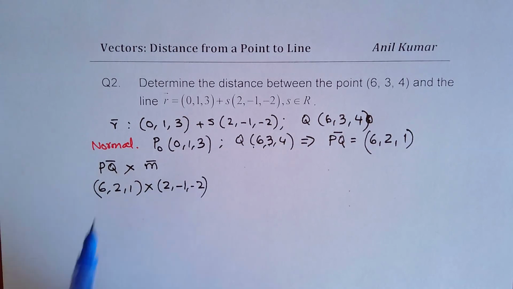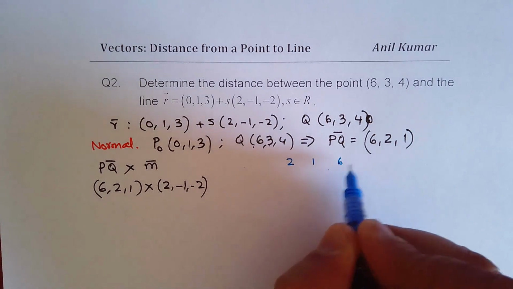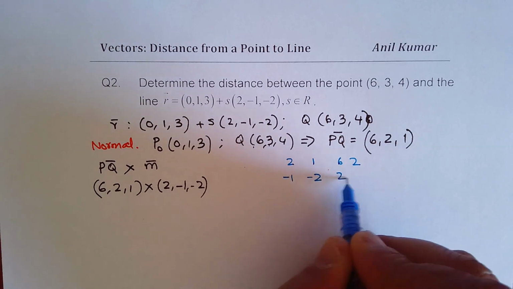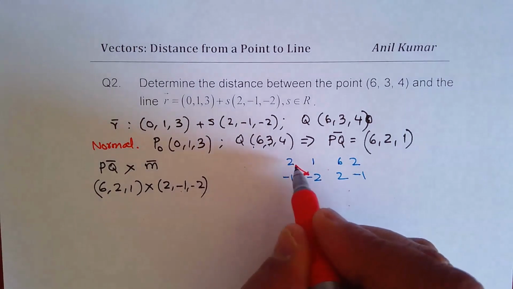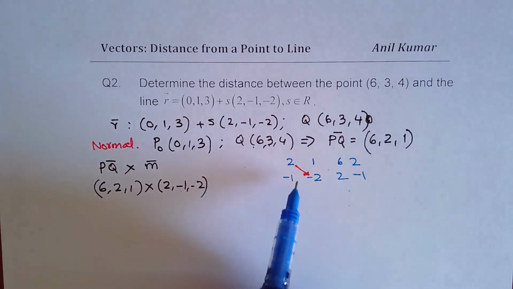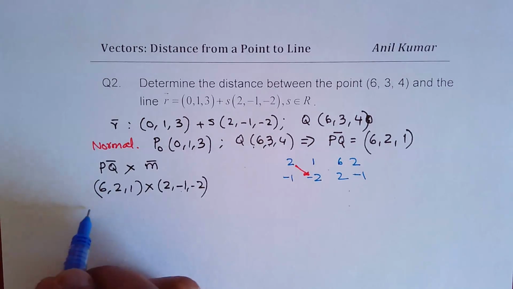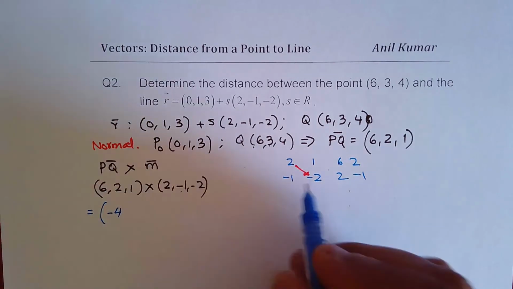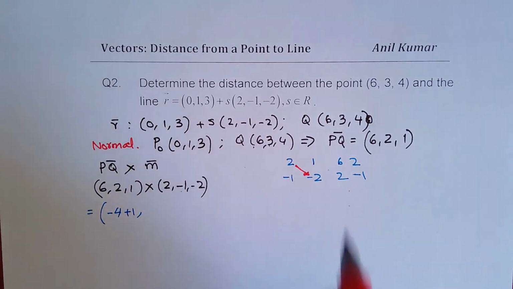I'll write these in arranged fashion: 2, 1, 6, 2, starting with the center value, moving right till minus 1. We have to do the difference of this minus that. So we get 2 times minus 2 is minus 4, minus this, which becomes positive, 1 times 2, which is 2.